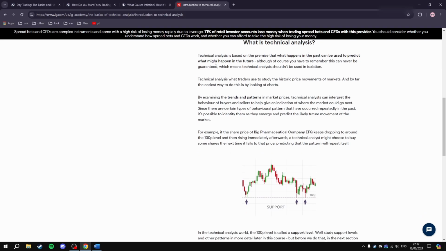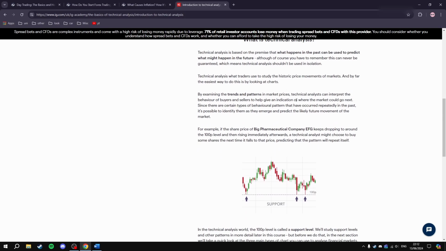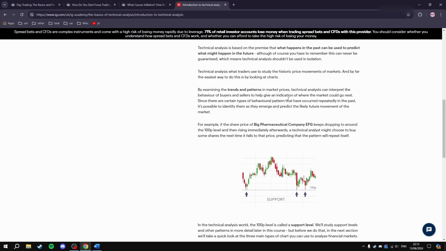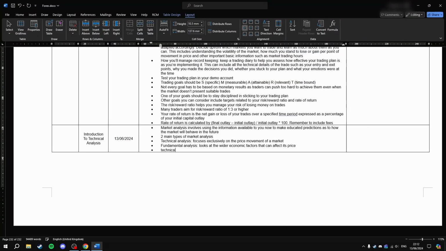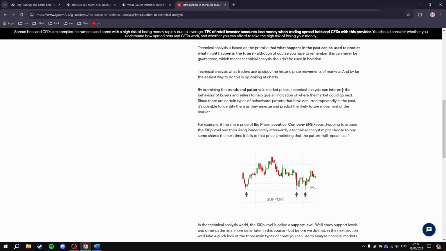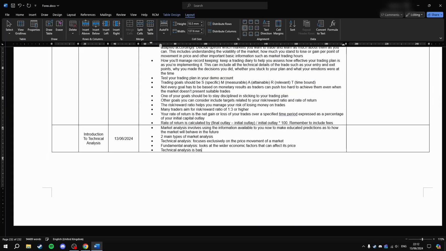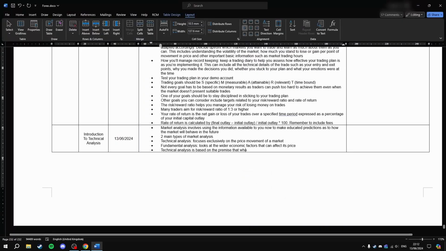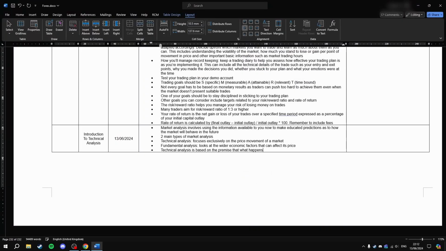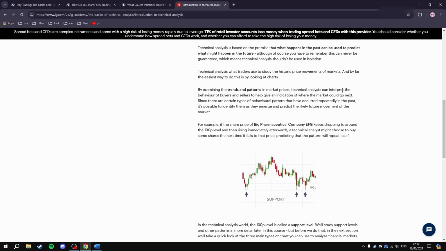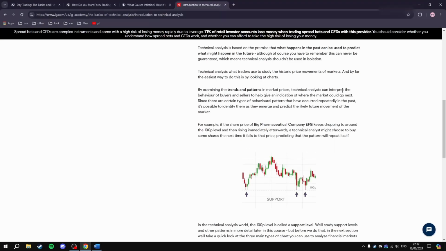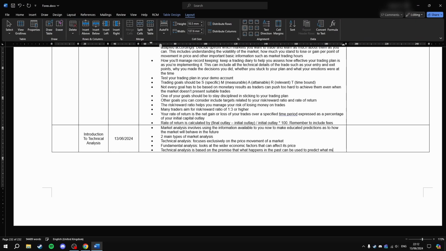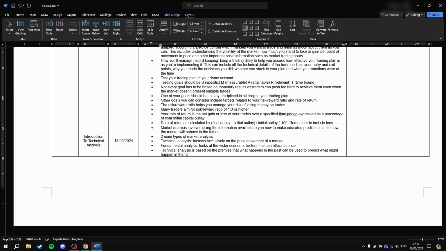What is technical analysis? Technical analysis is based on the premise that what happens in the past can be used to predict what might happen in the future.